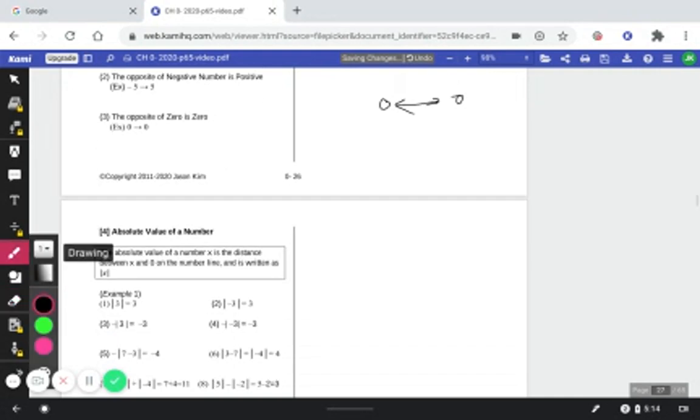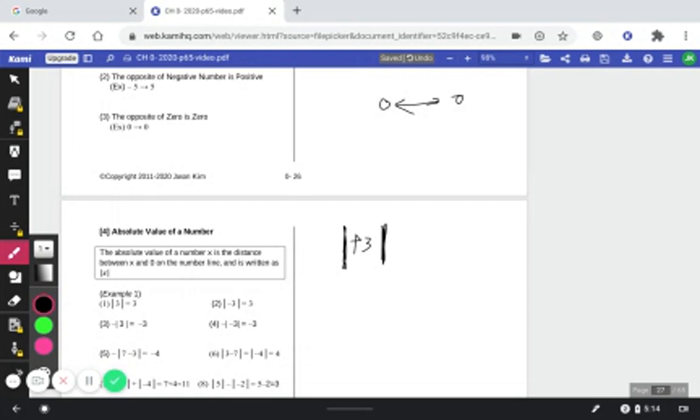Absolute value of numbers. The absolute value of a number x is the distance between 0 and x on the number line. It's written with bars around the number. So the absolute value of, let's say, positive 3, is represented by these two bars before and after the number.